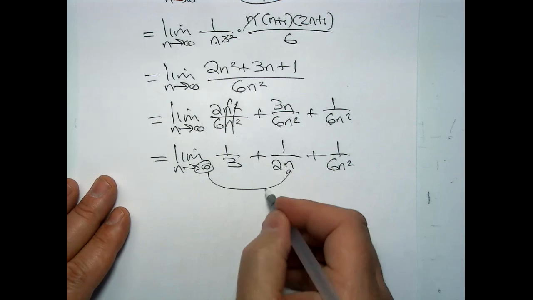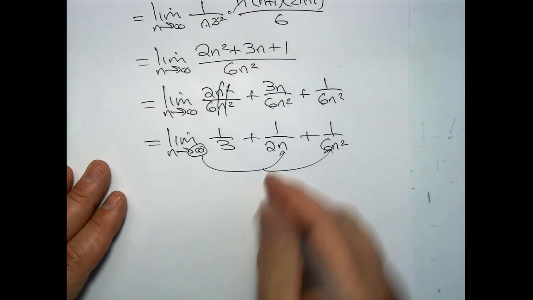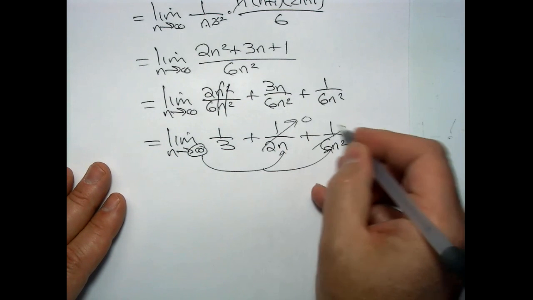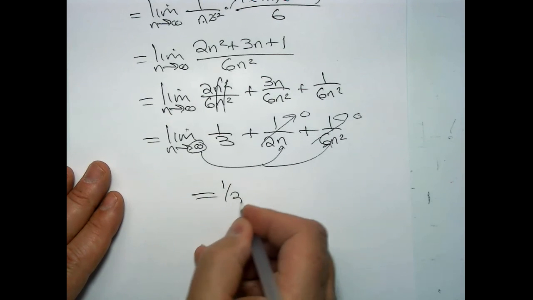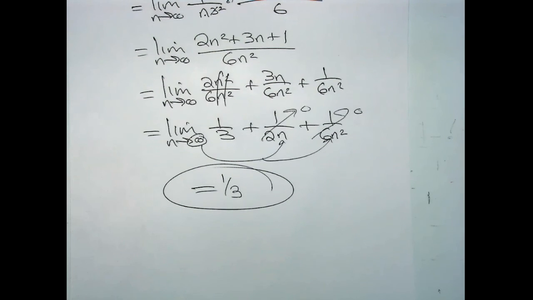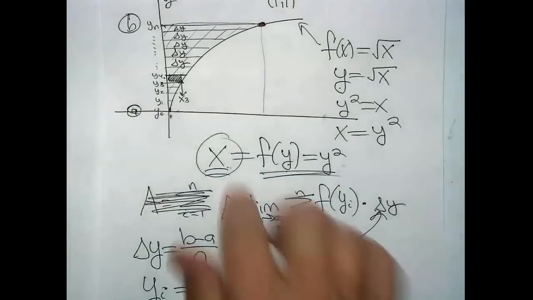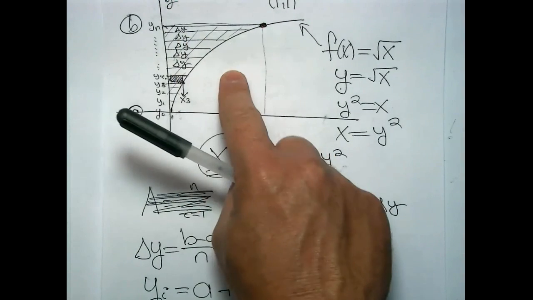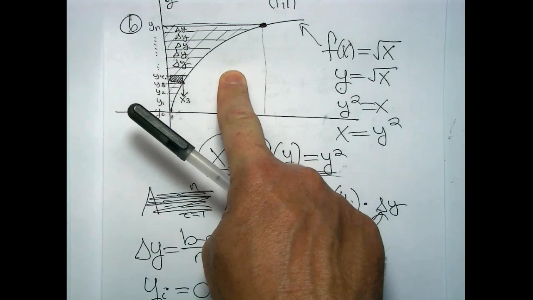And you know what? We're going to send n to infinity anyway. So what's going to happen to these two is they're going to go to 0. And I just found the area up against the y-axis. Now, if you look back at the picture, 1/3, that sounds about right. If that's 1/3, this must be 2/3 right here.